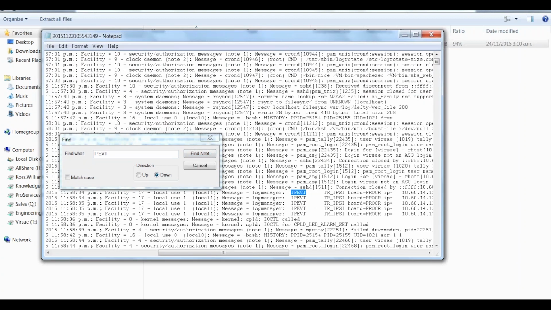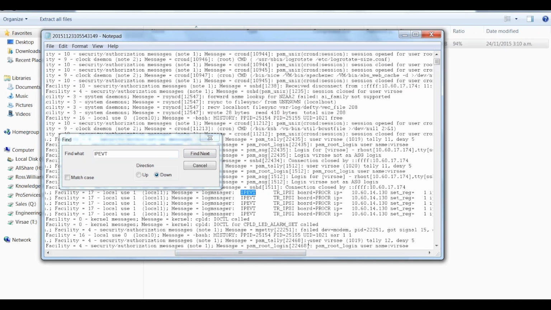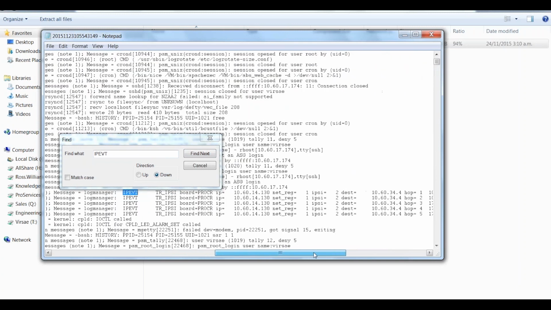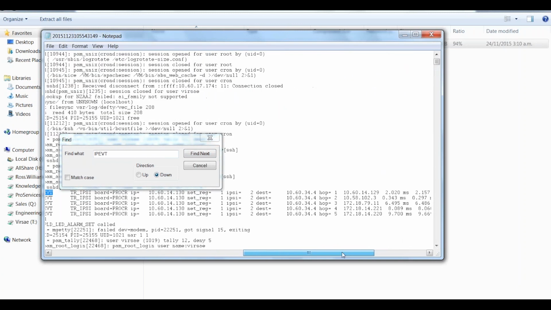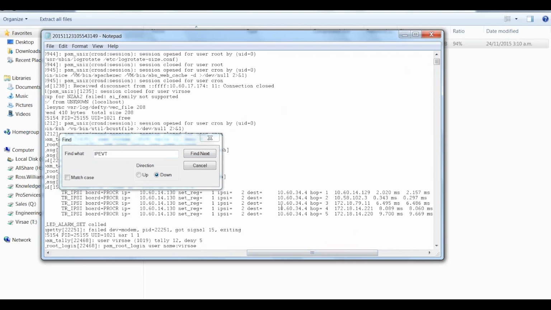So what we're starting to see here is that there's been an IP event and the IPSI is starting to run a trace route. And we can see the various hops there. So it's trying to ping from 10.60.14.130 across here. It's trying to ping to 10.60.34.4.